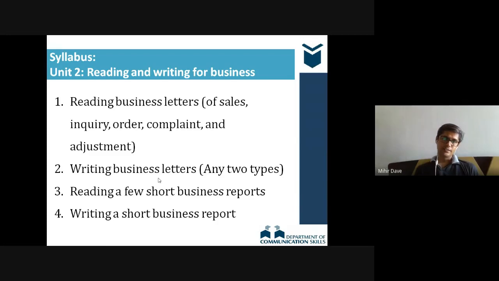And then of course reading a few short business reports would also be there, and writing a short business report would also be part of it. So you can see it will basically be reading and writing about business, as the title of the syllabus subject suggests, that it is going to be all about reading and writing for business, right? So these 2 units would be there, which talk basically about reading and writing for business.